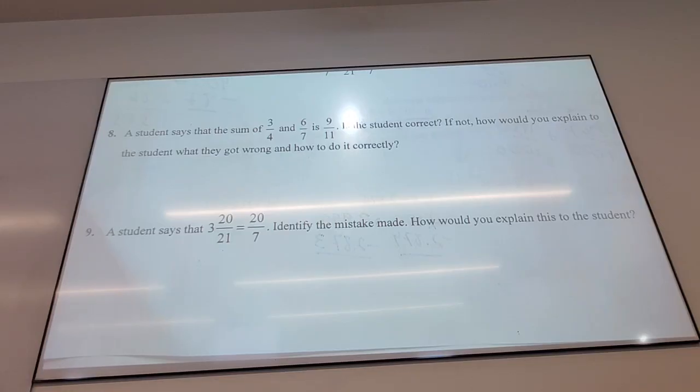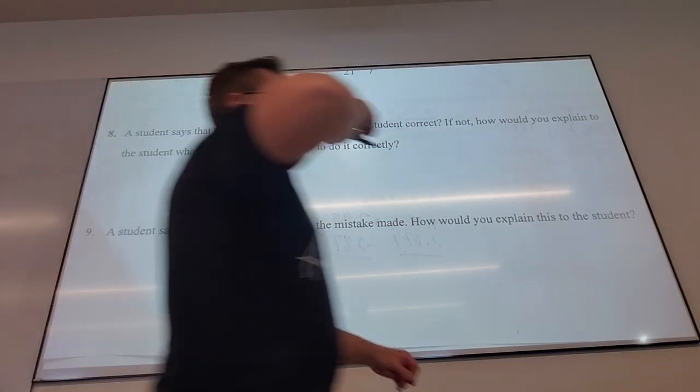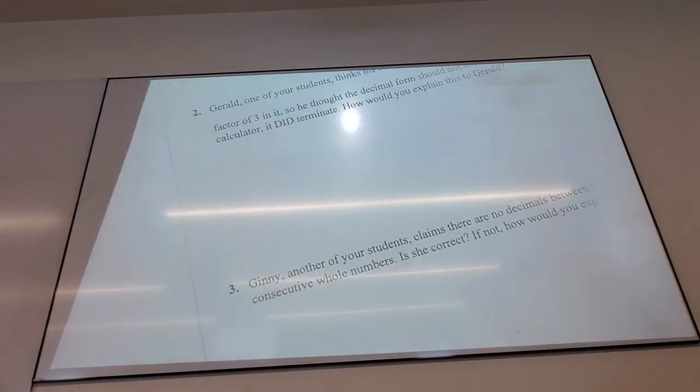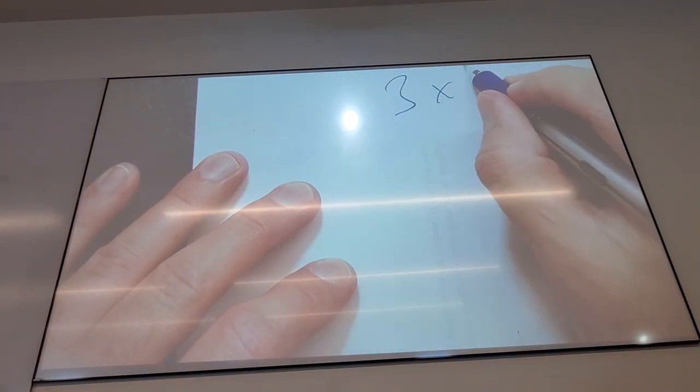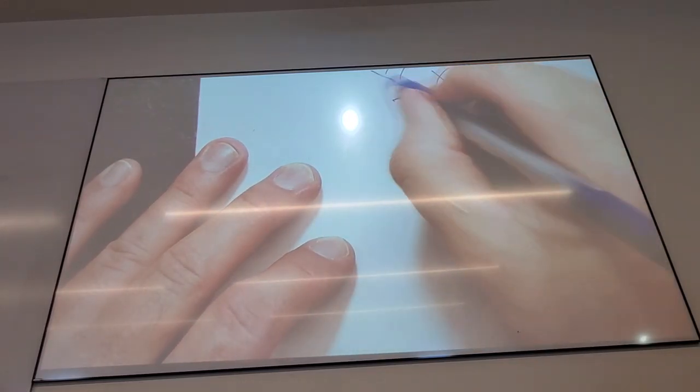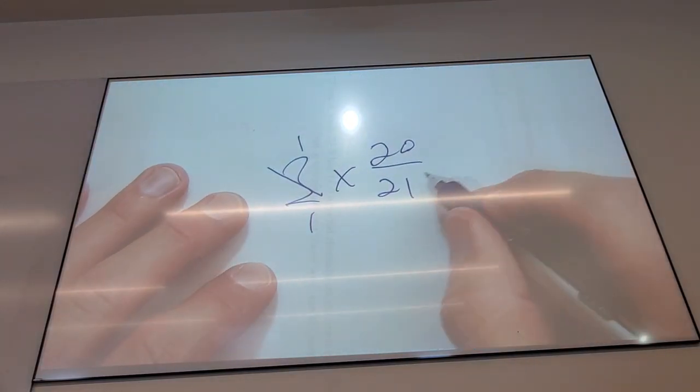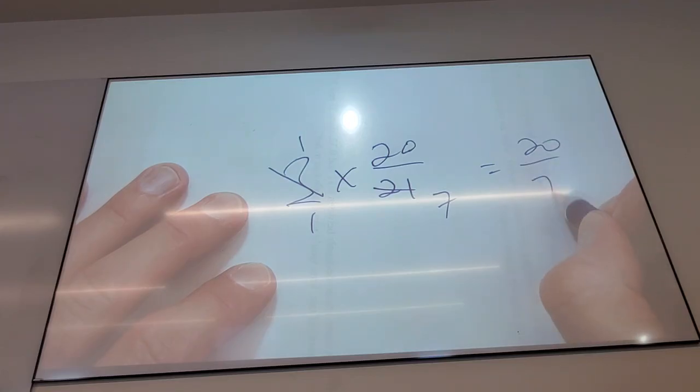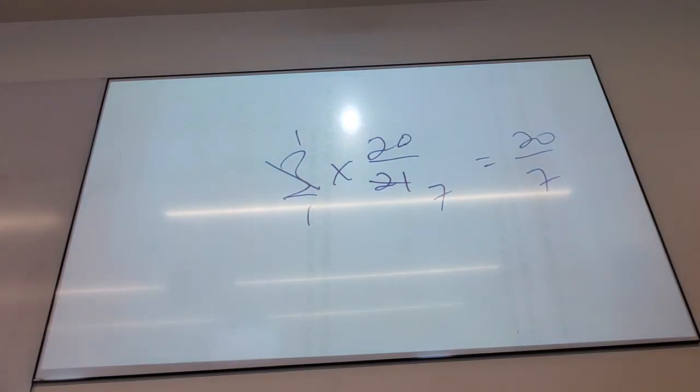They reduce, yes? So this would reduce, yes? And you would get 20 over 7, yes? Isn't that what they got?